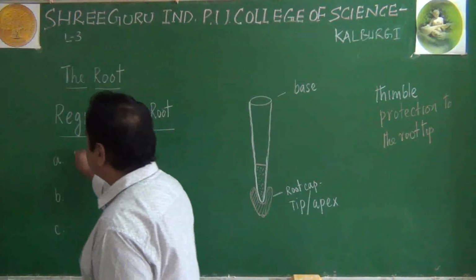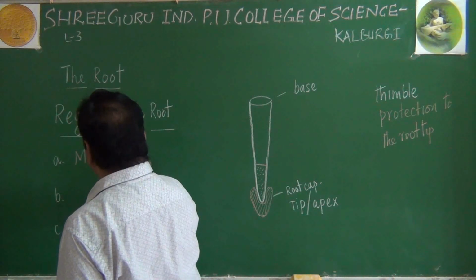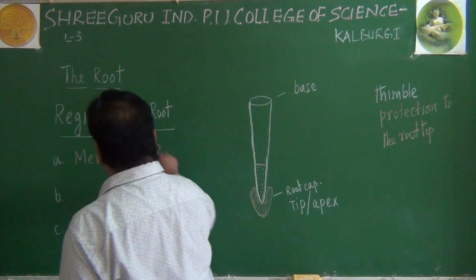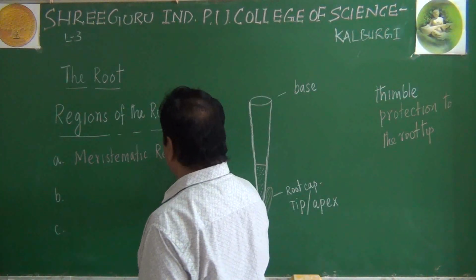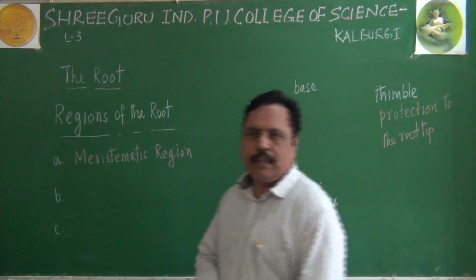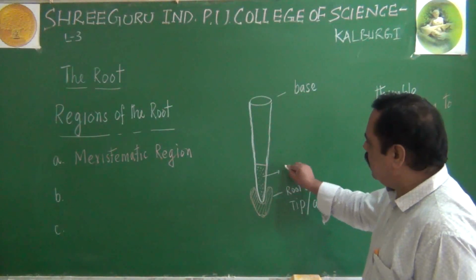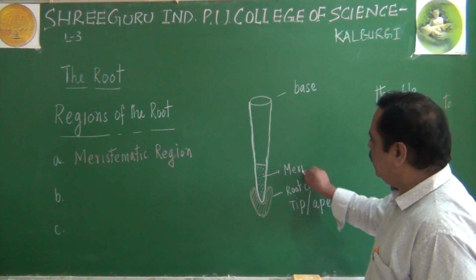That is known as the meristematic region. This area is called what? Meristematic region. Do you get my point? What is meant by meristematic region? This part is called meristematic.